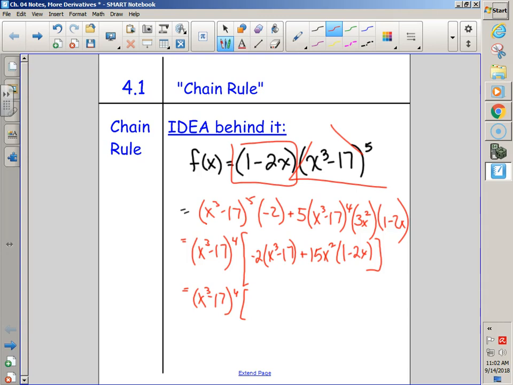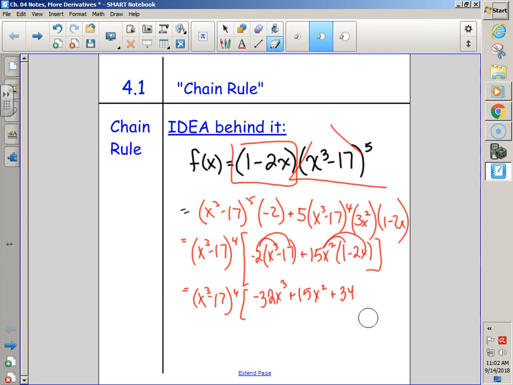Sorry, I got distracted. -2x cubed minus 30x cubed, right? Right, -2x cubed and -30. And then we have plus 34. Oh, but first we have a plus 15x squared. No common factors.